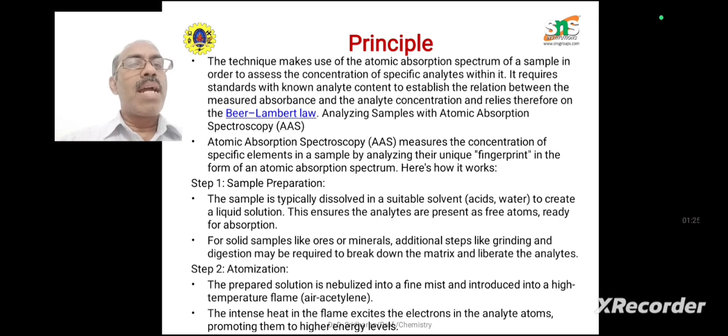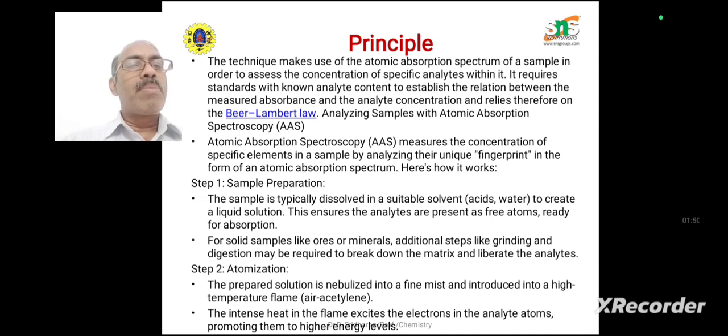It requires the standard with the known analyte content to establish the relationship between the measured absorbance and the analyte concentration, and relies therefore on Beer-Lambert's law. So Beer-Lambert's law is a very important law to understand the concept of AAS.